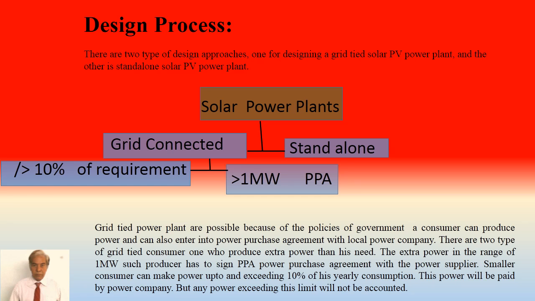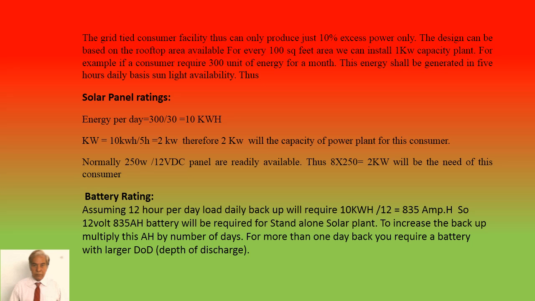Smaller consumers make power up to and exceeding 10% of their yearly consumption. This power will be paid for by the power company, but any power exceeding this limit will not be accounted. A grid-tied consumer facility can thus produce only 10% excess power.